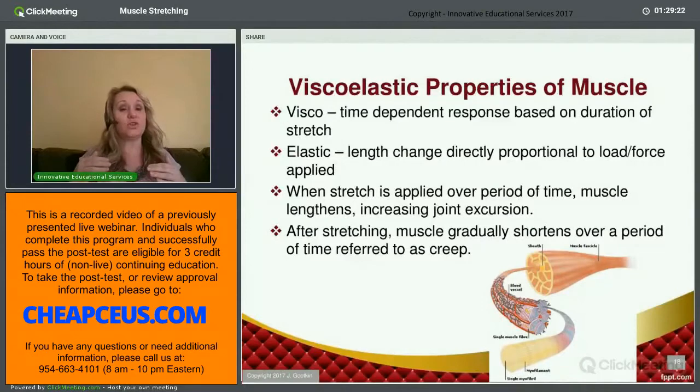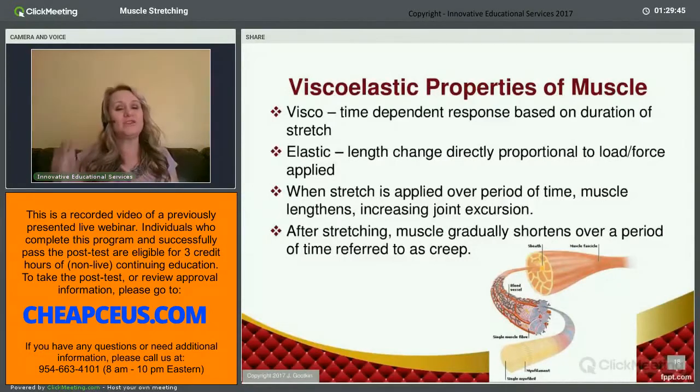We need to apply that force for a long enough time with a sufficient load to actually create changes in length. What happens is, as we lengthen it and we apply that load force, we can make gains, but over time we see that the muscle tends to creep back because of the elasticity and the viscosity. It's going to shorten back down.